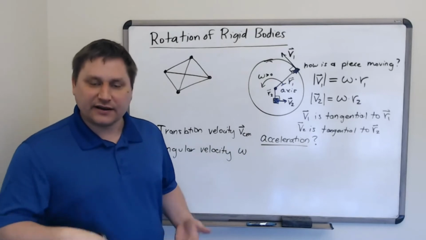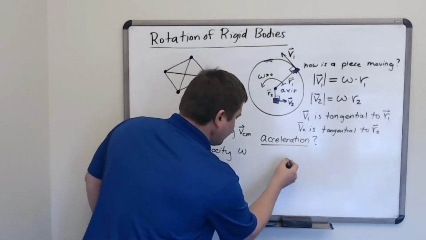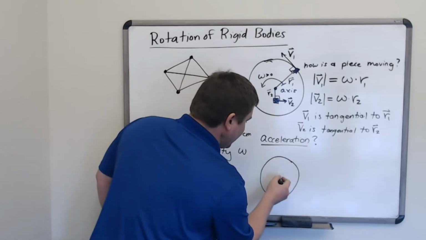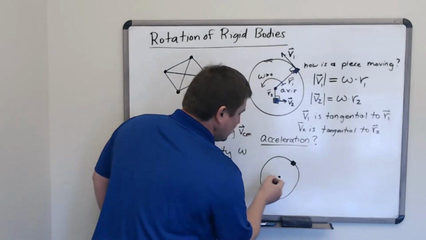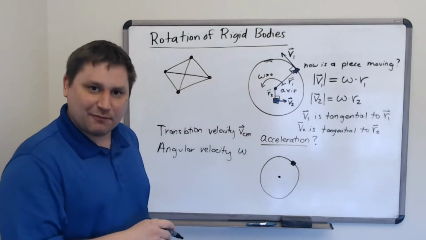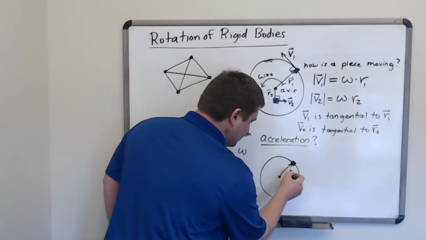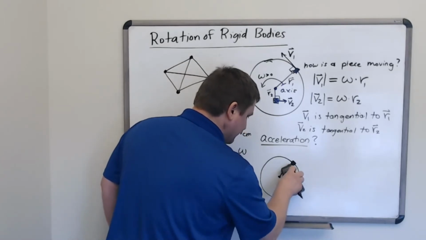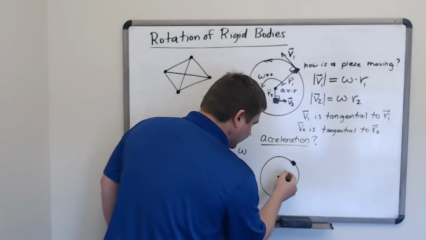That's how they're moving. Now let's ask about how they're accelerating. I'm going to make a new drawing here to have a little bit more room. Let's just look at this piece 1 again. And this time we'll just focus on its acceleration.